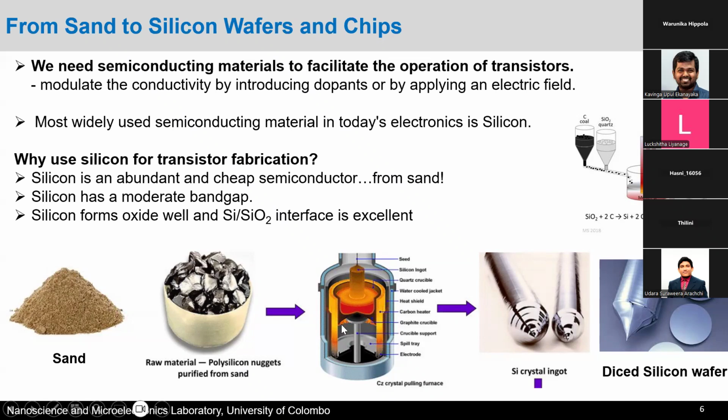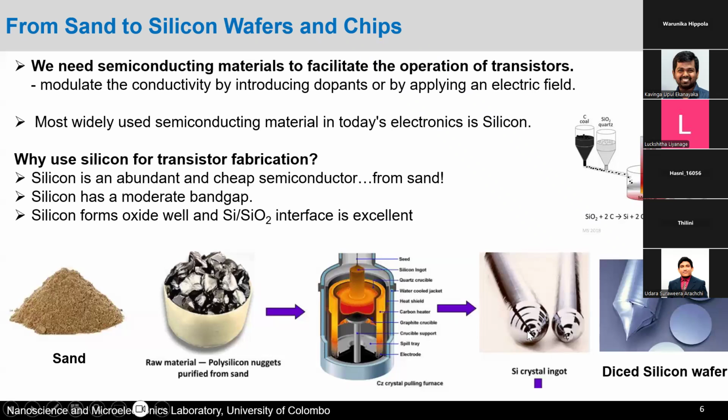So what we do is then we again put this into a furnace, and then we put a certain initiating seed silicon crystal with a particular orientation, and then we extract that silicon from the molten silicon, and the silicon actually solidifies around that initial crystal, and then it forms a single crystal ingot.